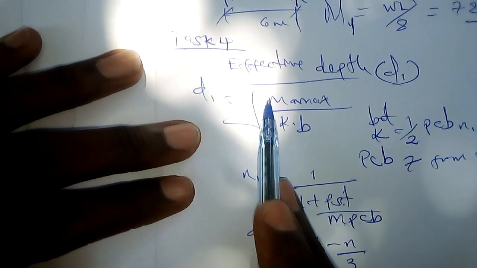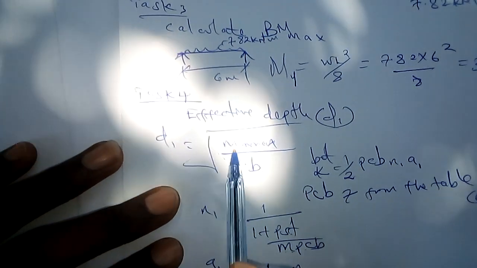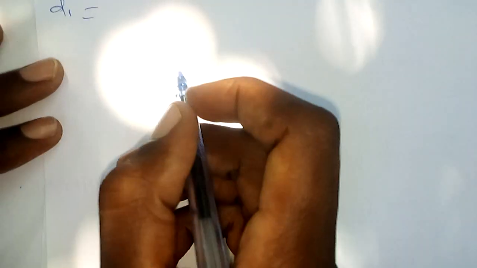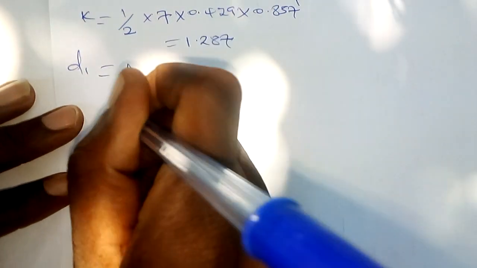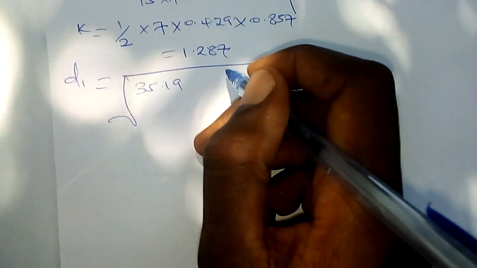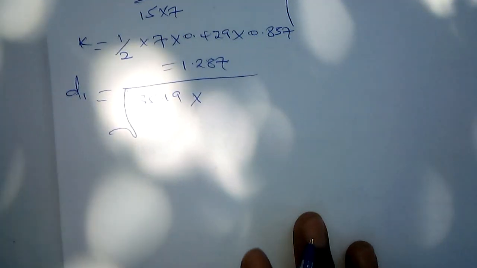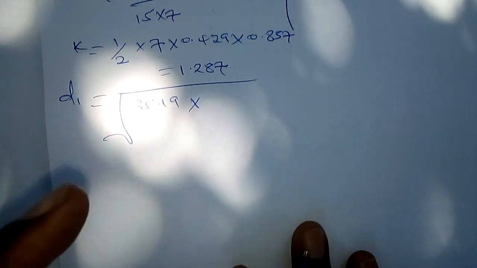Now the formula to get d1, the effective depth. Since we have KB and M max, now we just insert directly within the formula. So we have the square root of 35.19 kilonewton meter.